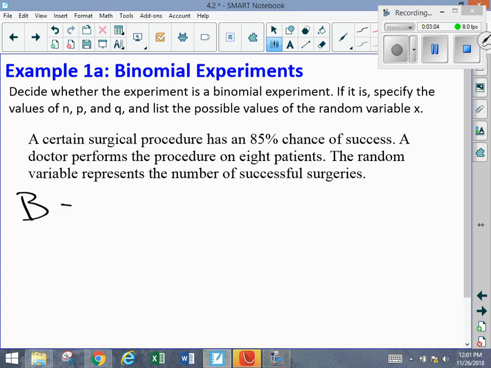It's talking about a surgical procedure that has an 85% chance of success, performing this procedure on 8 patients. Is each trial either a success or a failure? That's what the B stands for. Yes, either the surgery goes well or it doesn't, so there is a way to say that it's successful or a failure.